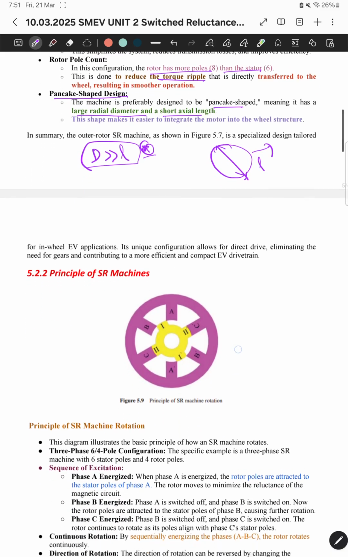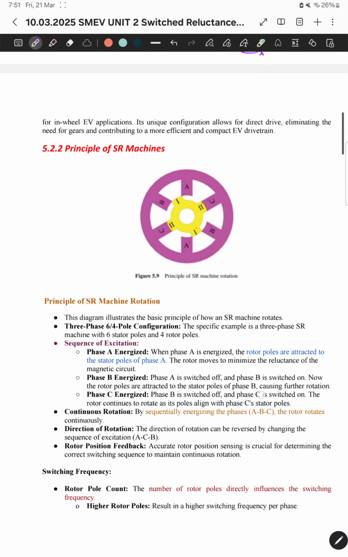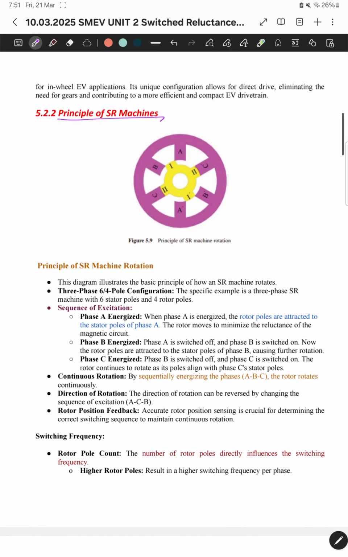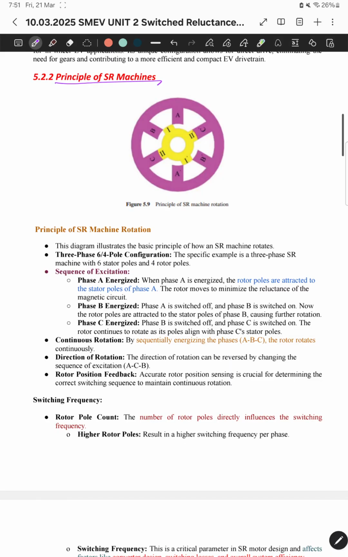Coming to the principle of SR motors, let's have a quick discussion. I'm having three pole pairs here: A, A dash, B, B dash, C, C dash.